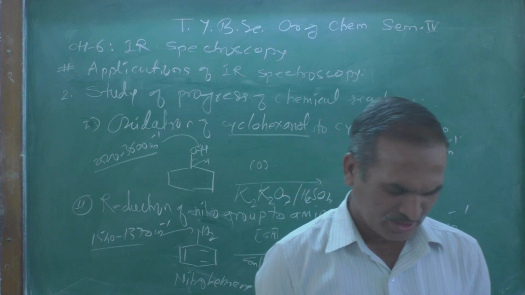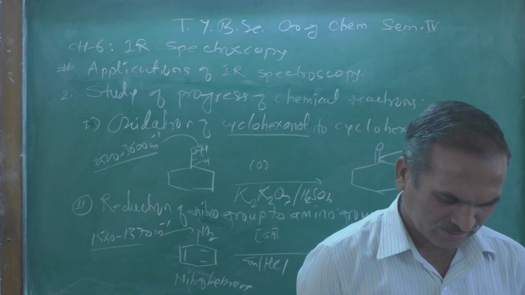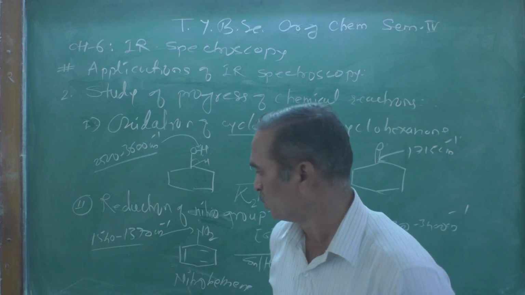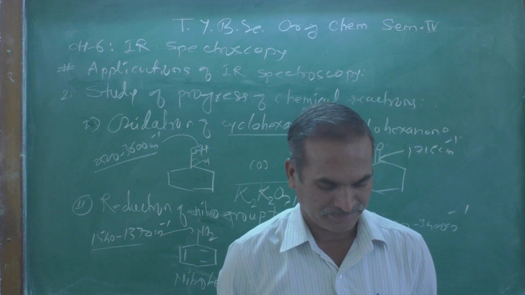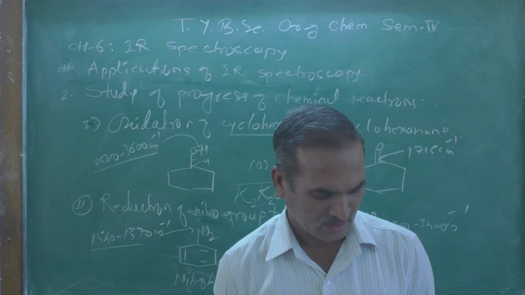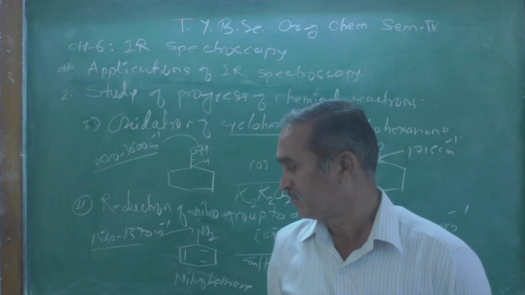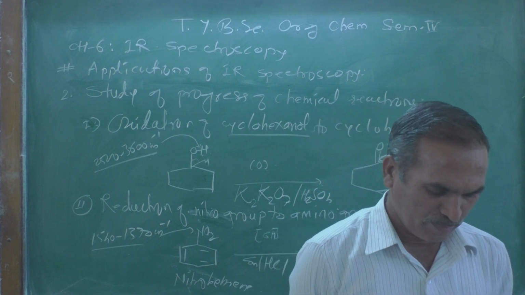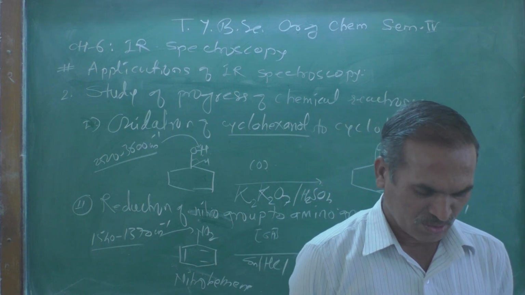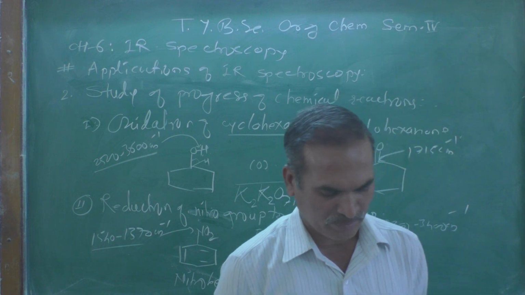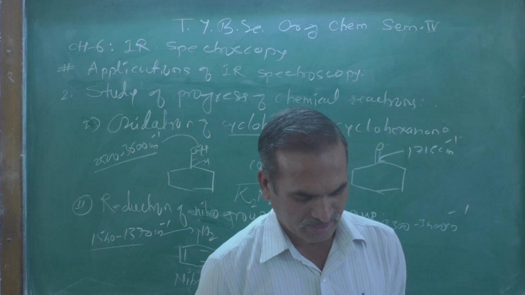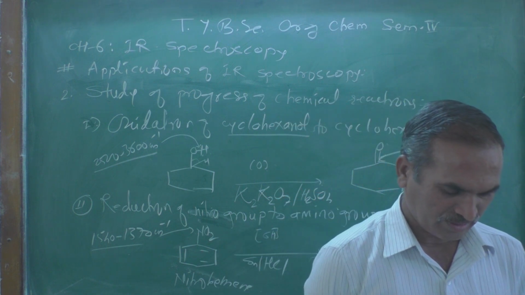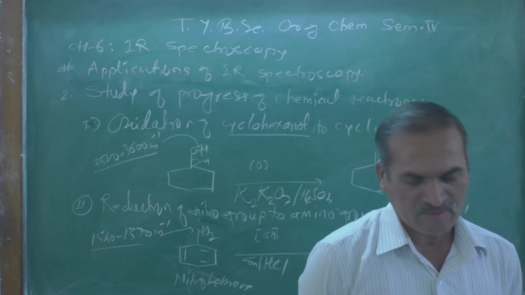When the reaction is complete, the band at 1540 and 1370 per centimeter due to the NO2 group disappears, and two new bands at 3300 to 3500 per centimeter appear due to NH stretching frequency present in the final product.